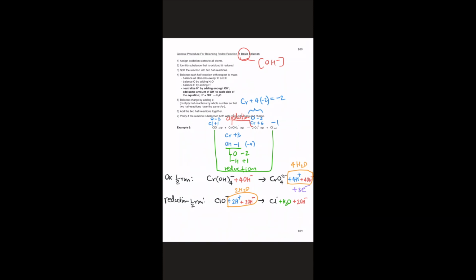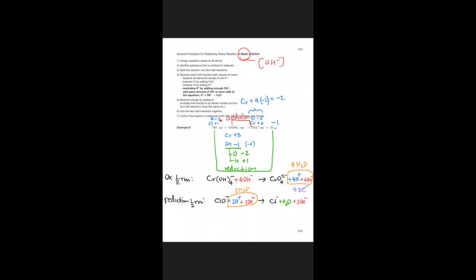The next step is to balance the charge. In order to balance the charge, you will need to add electrons. Okay, so we do this several times again, right? And if you're looking at the oxidation number that we determined earlier, chlorine is positive 1, becoming chlorine 1 minus, which indicates that chlorine is receiving 2 electrons.